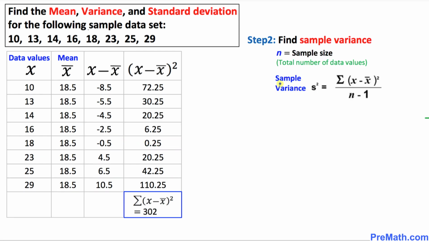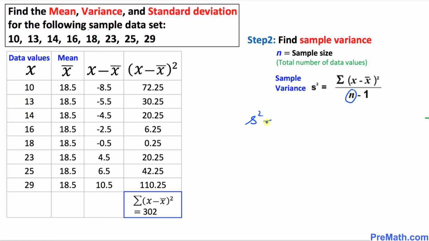And finally, we're going to be applying this formula for sample variance, which is called S squared equal to sigma of x minus x bar squared divided by n minus 1. And by the way, n represents the sample size, total number of data values. Let's go ahead and calculate this sample variance.